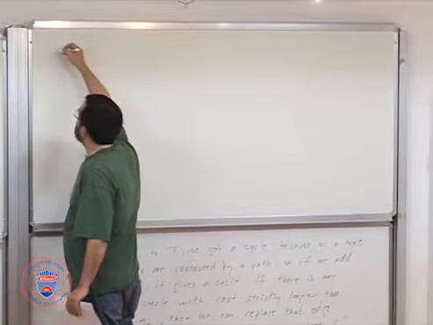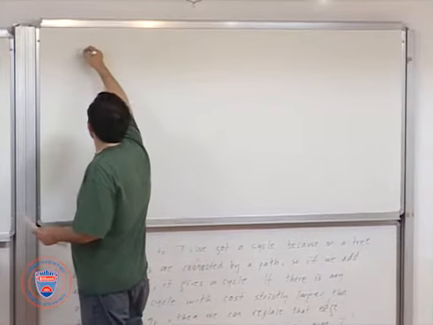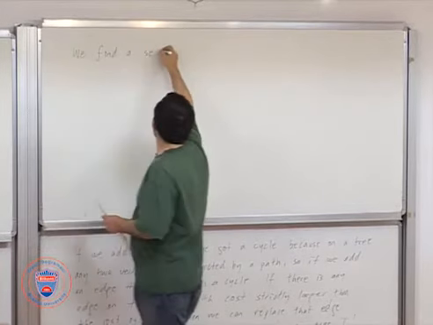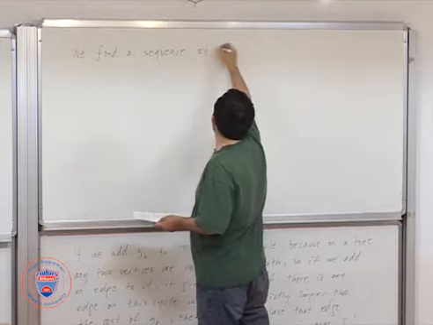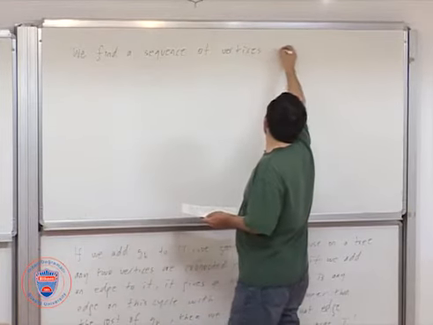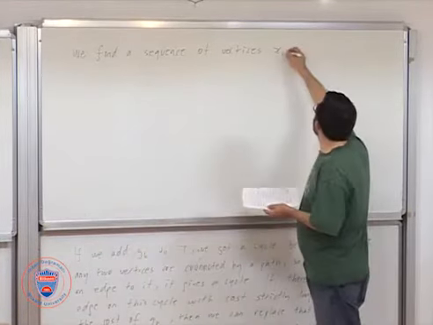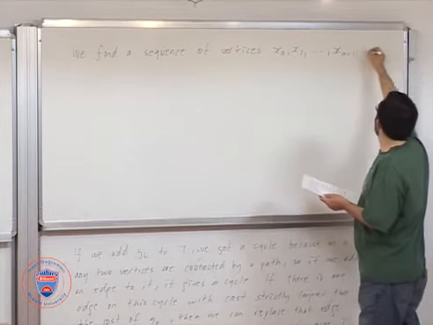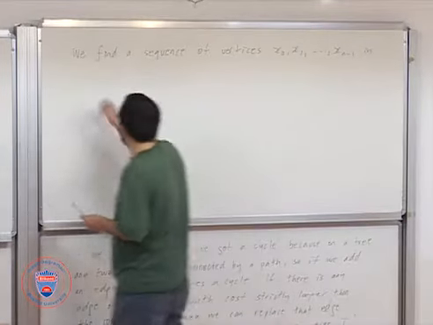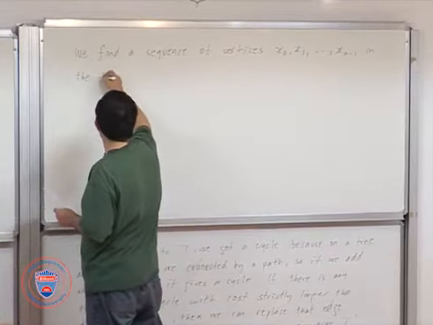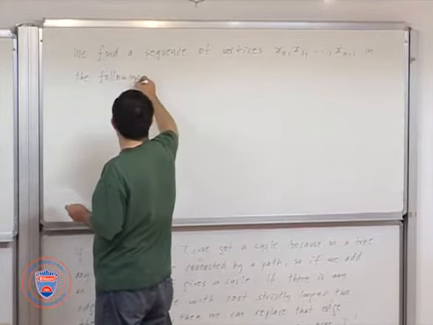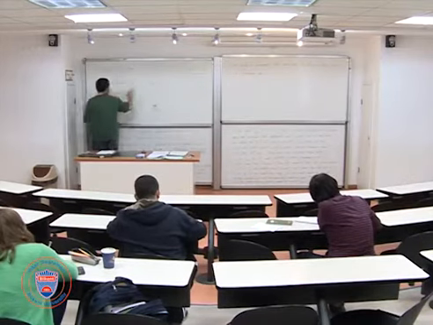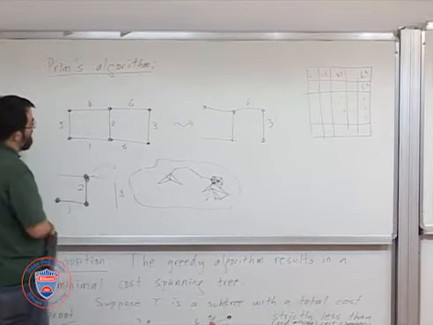So this is how Prim's algorithm works. Here we have all these vertices. We know they eventually have to be covered.